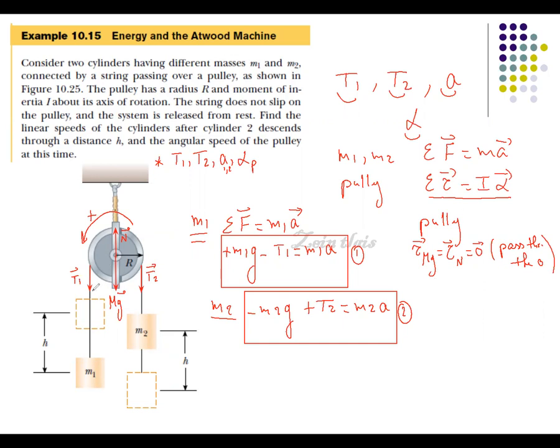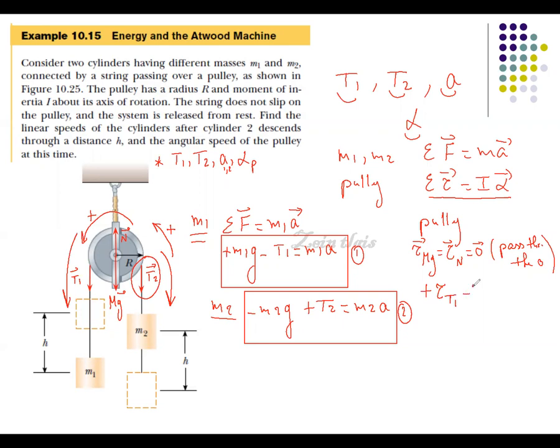What about T1 and T2? T1 turns the pulley in the positive direction. It's down, in the positive direction. So we can write directly plus tau of T1. And T2 pulls the pulley in the negative direction, down, because here we have the positive.